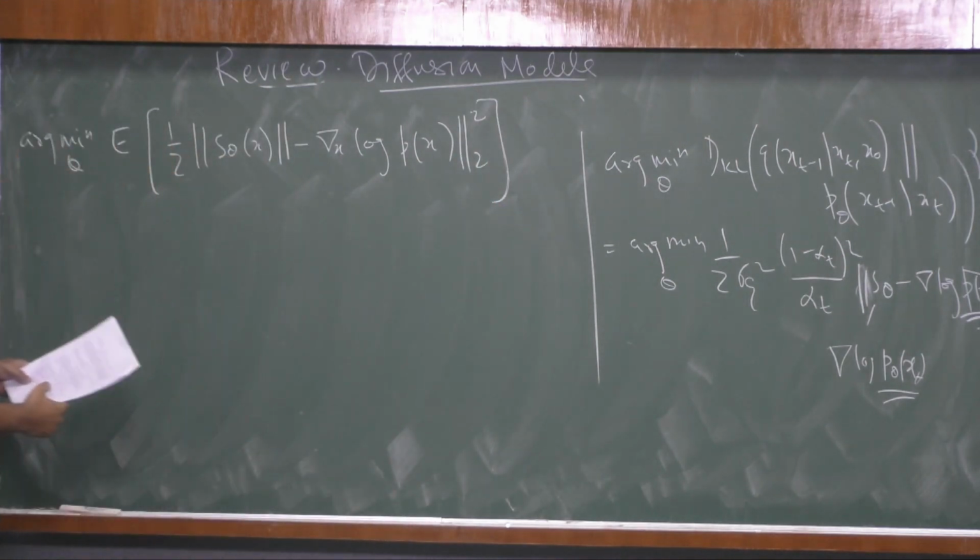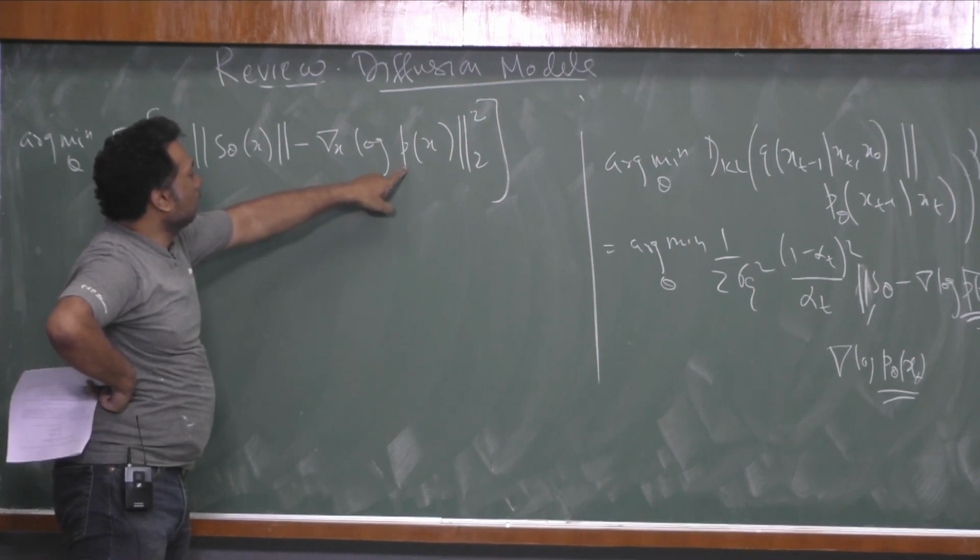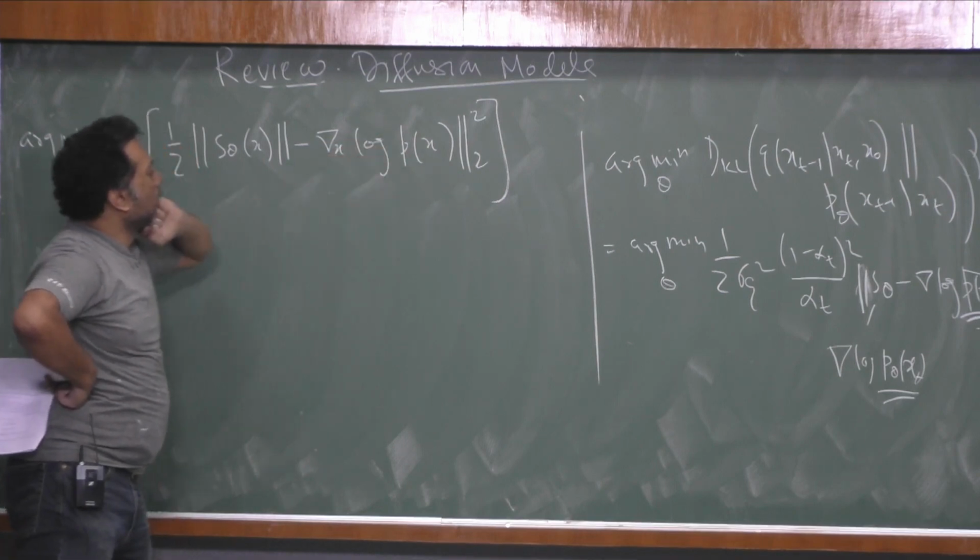So what we see if we look into this is that it is impossible to optimize on this. It is impossible because I don't know p(x), the true distribution, anyway, right? So in this idea, this was troublesome.